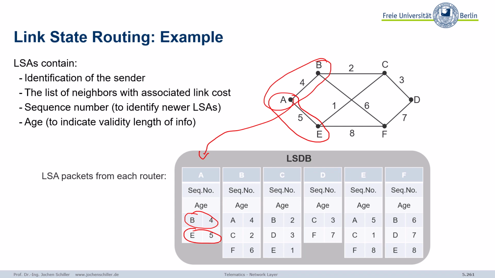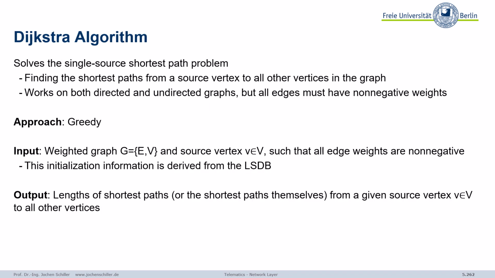And this is just a quick overview of the Dijkstra algorithm. Basically, this algorithm solves the single source shortest path problem: how to find the shortest path from a source to all other nodes or vertices. It assumes certain properties like non-negative weights, and it's a so-called greedy algorithm.